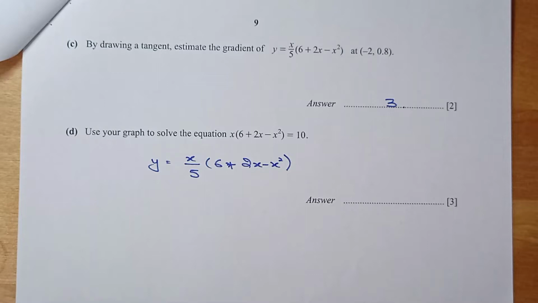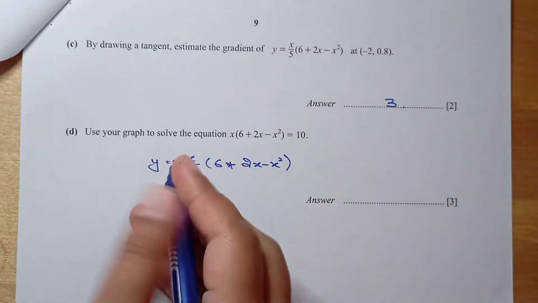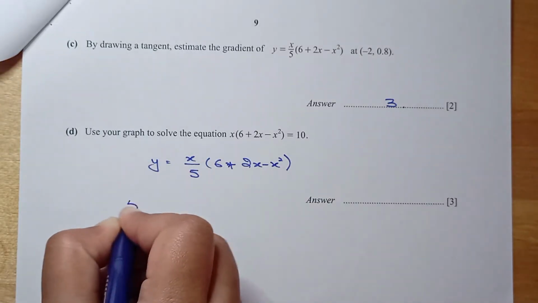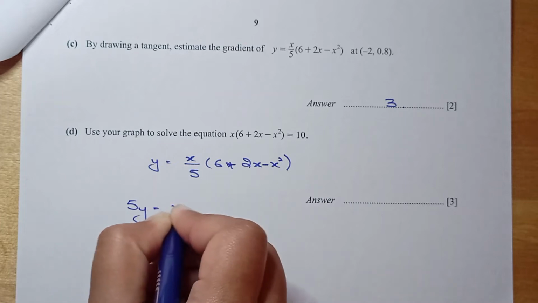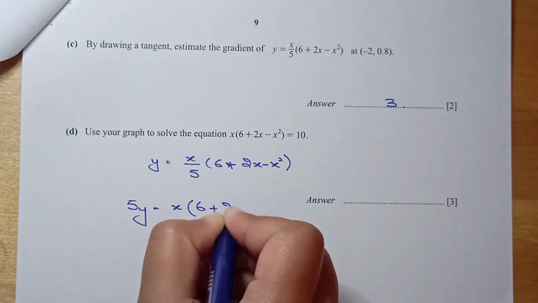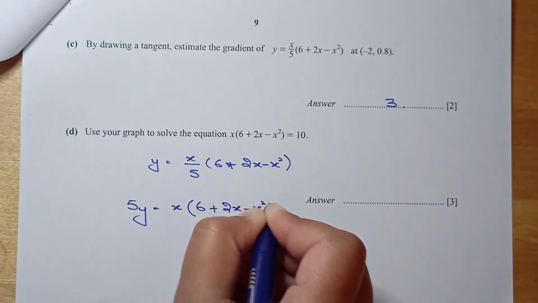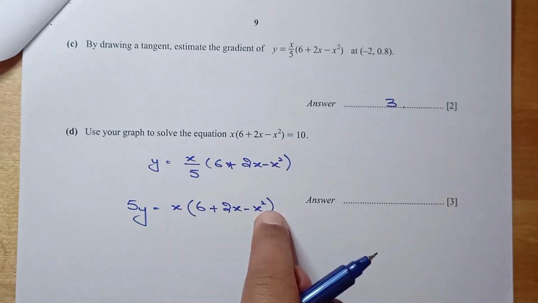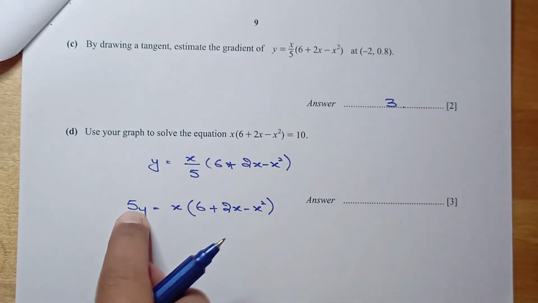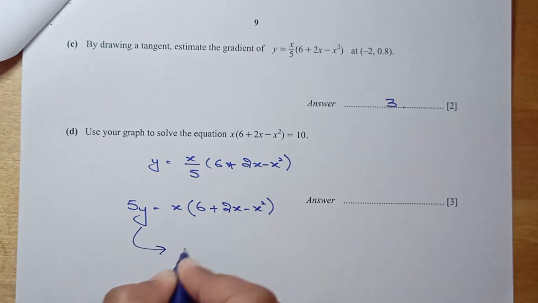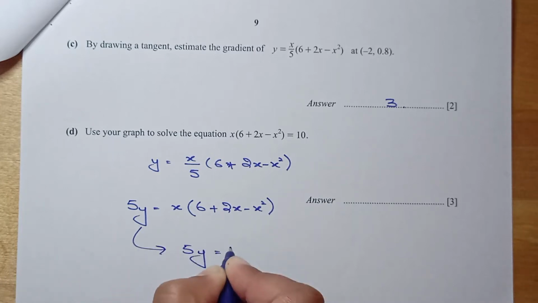This is my original equation. If I multiply by 5 over here, 5y equals x into 6 plus 2x minus x squared. So this side is exactly equal to this, and this one equals 10. So if this side is 10, it means 5y equals 10. So the y value is 2.